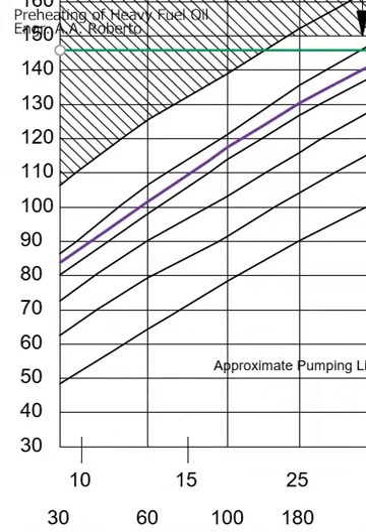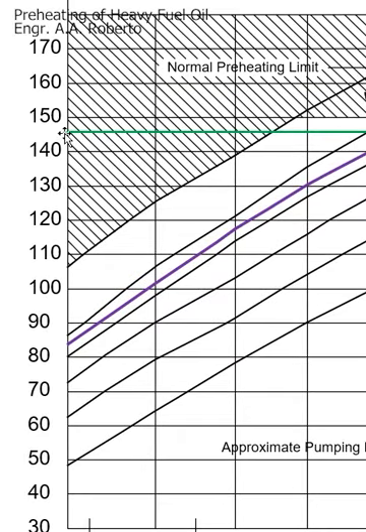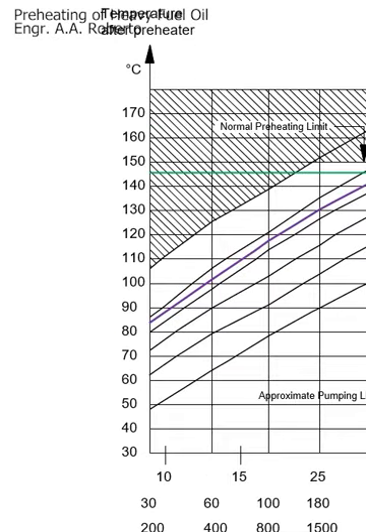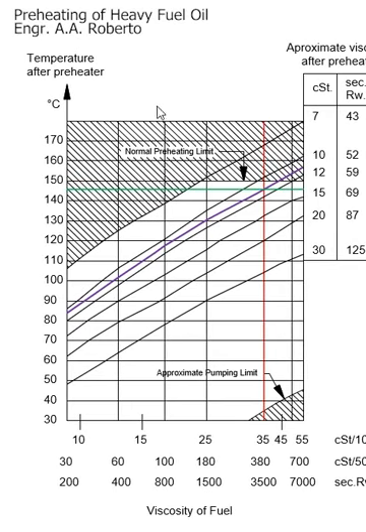By looking at the temperature side, we can see it's around 146 degrees Celsius. So if we want to have a viscosity of 11 centistokes from 380 CST, we need to heat up the fuel at around 146 degrees Celsius.